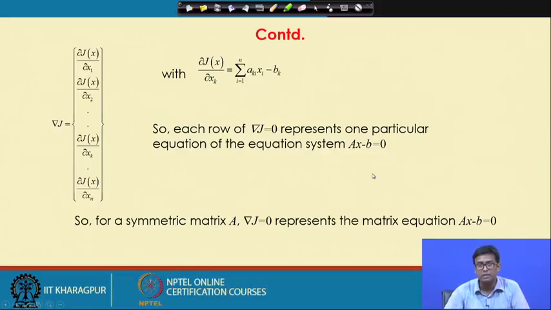So, this is only for a symmetric matrix, because if it is a non-symmetric matrix, then I have to write half of A_ki plus half of A_ik times x_i is equal to 0. So, for a symmetric matrix A, gradient of J is equal to 0 actually represents the matrix equation Ax minus b is equal to 0.